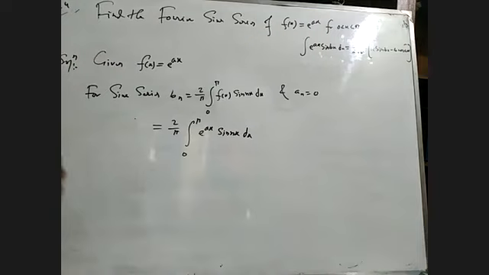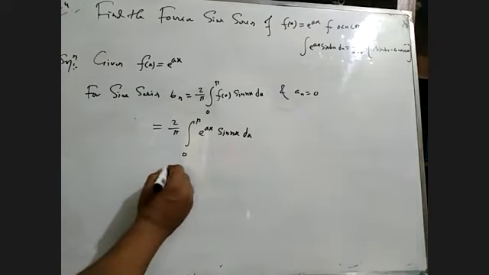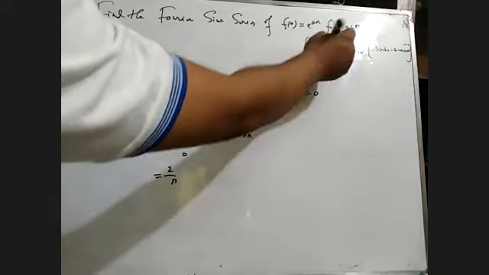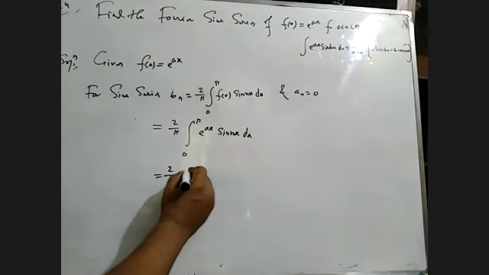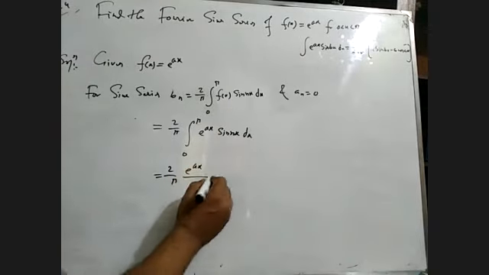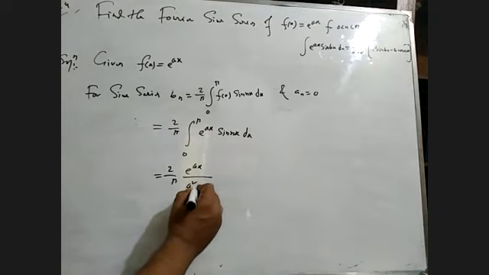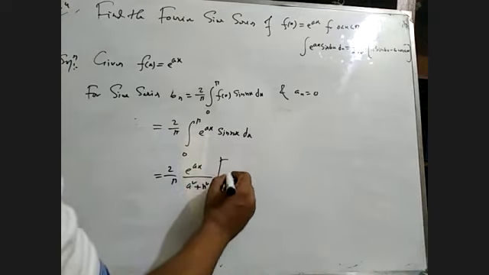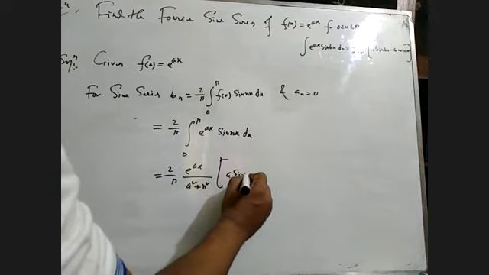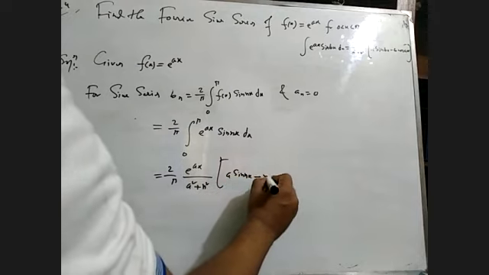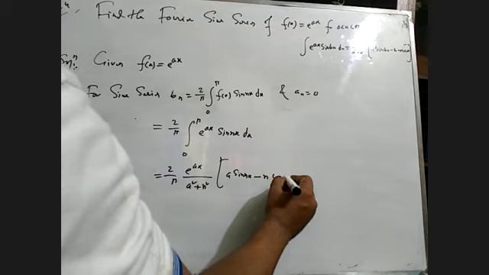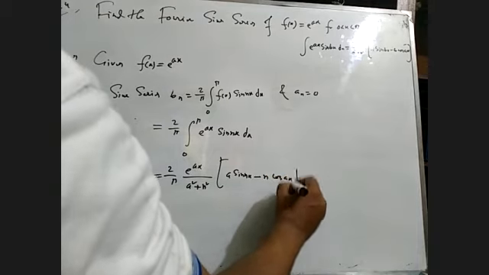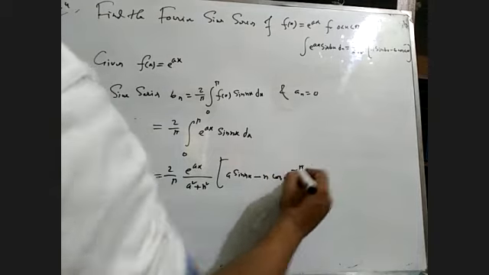Okay, so just putting this formula here: e to the power x divided by a square plus n square, since b means n here, times a sin nx minus n cos nx. The limit will be 0 to pi.